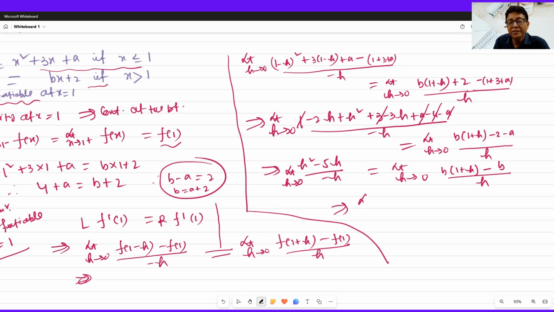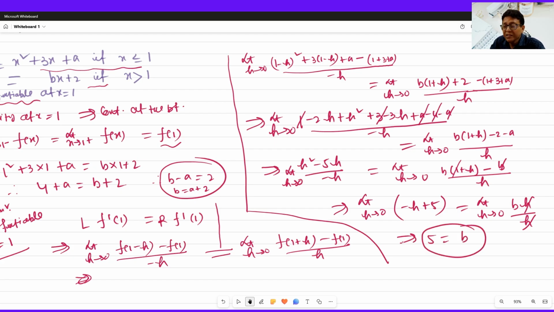So this implies this is minus h plus 5. Here this b and minus b get cancelled. Limit h tending to 0 of bh by h. These two get cancelled. So 5 is equal to b, as h tending to 0, h is not equal to 0. So b equal to 5. Therefore, a equal to 5 minus 2. Hope you have understood.